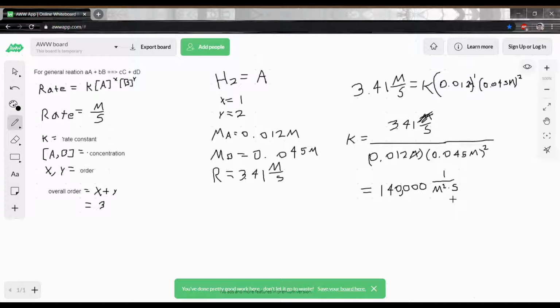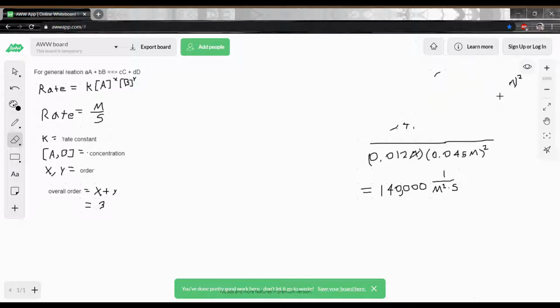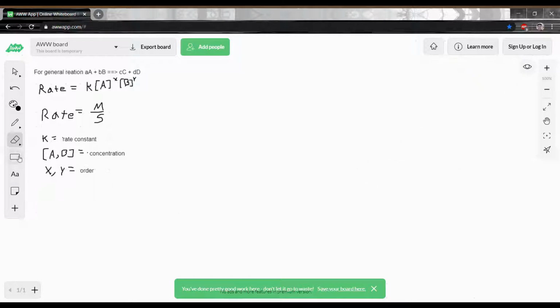Let's do another example. I believe we're finished with that one. Yes. It's going to be a little bit different. This time we are given a reaction with 3 reactants.